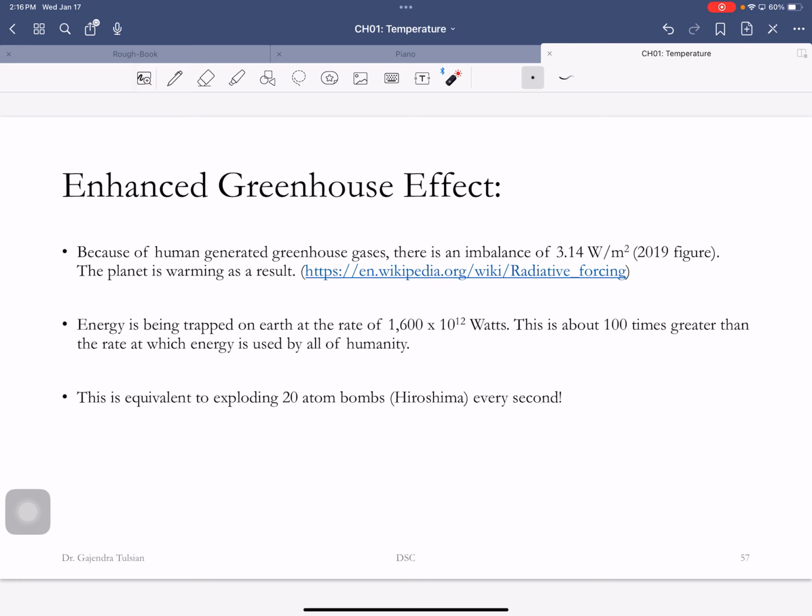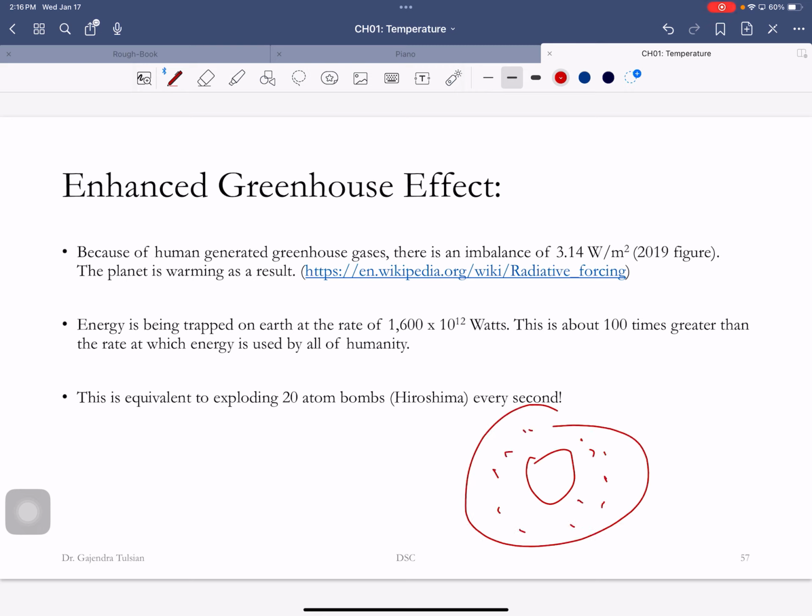Why? Because we've been using fossil fuels and we're putting more and more CO2 in the atmosphere. In the 1850s, the amount of CO2 was 280 parts per million. Today, it's 425 parts per million or something like that. The more CO2 you put in the atmosphere, the more heat you trap.